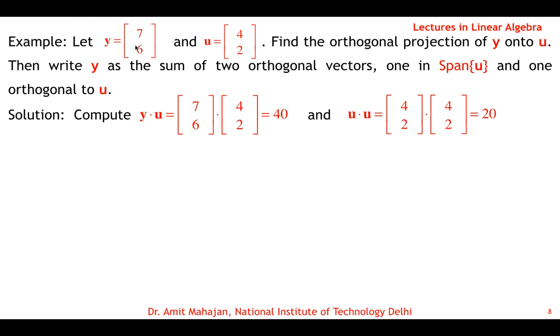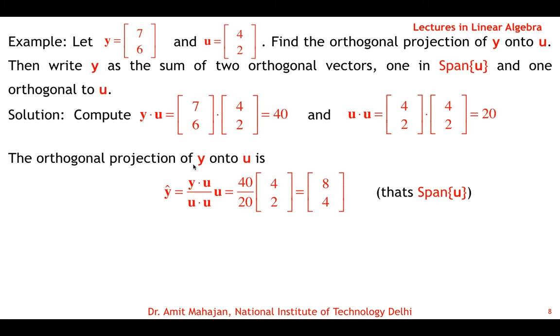So what we need is y dot product with u and u dot u. Y dot u you can calculate easily, u dot u we can calculate, and then we can calculate this y cap vector as alpha u, where alpha is this dot product by this dot product. So the orthogonal projection of y onto u is y cap, which is y dot u by u dot u times the u vector.